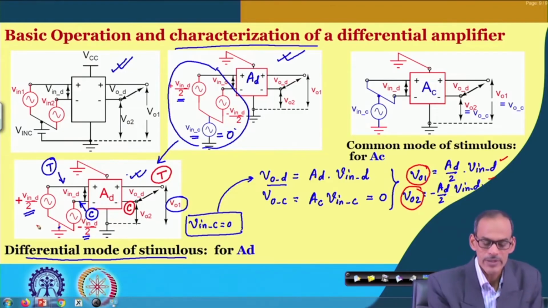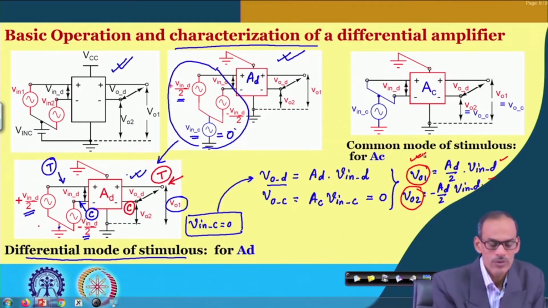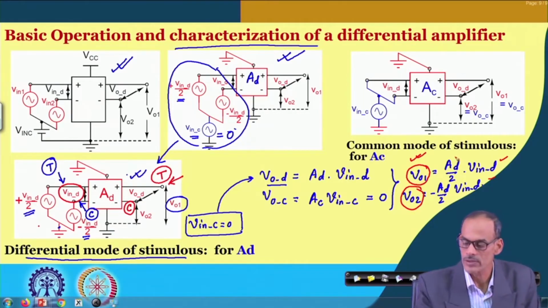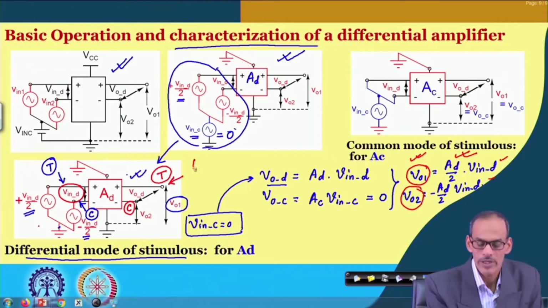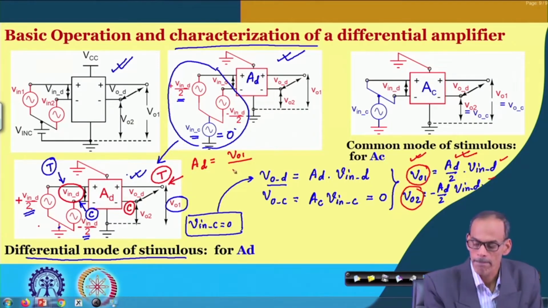Now, in this arrangement, if you simply observe this signal, and if we know what VinD is, then from that you can calculate AD. Namely, AD is given by VO1 divided by maybe one of these two signals, so that is equal to VinD by 2.